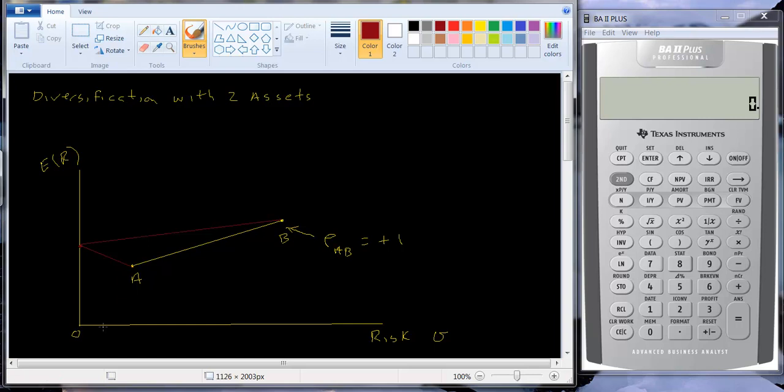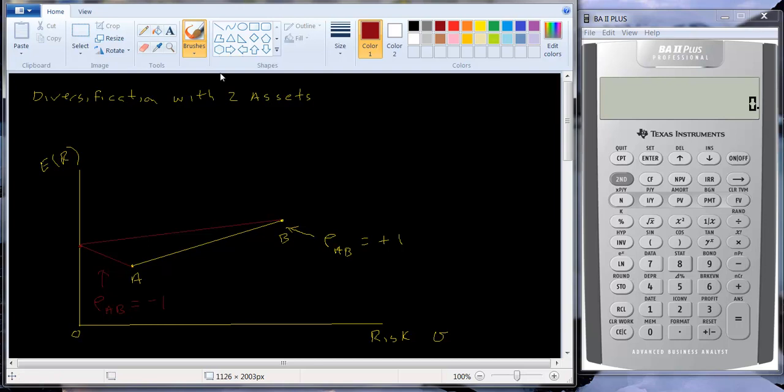It doesn't move at all along the risk axis, it has no standard deviation. So this is the case where the correlation coefficient between A and B is equal to -1. Okay, so that's another extreme case. If you have two things that are perfectly negatively correlated, if you combine them properly, you can produce a portfolio with no risk whatsoever.